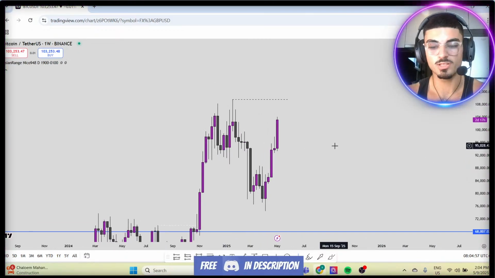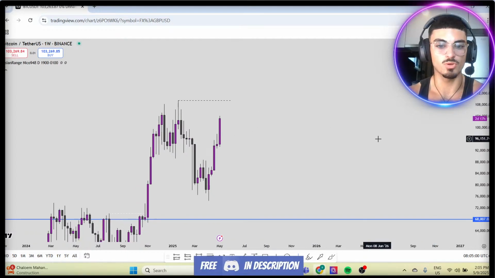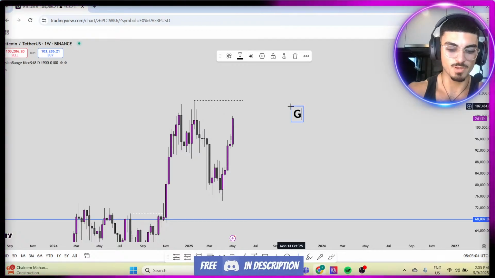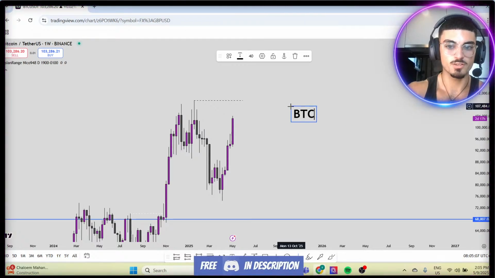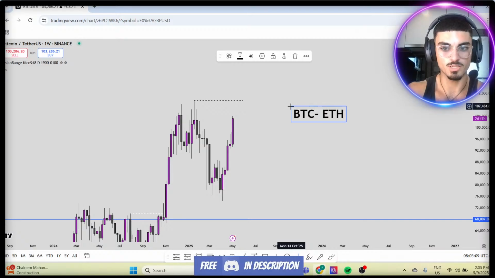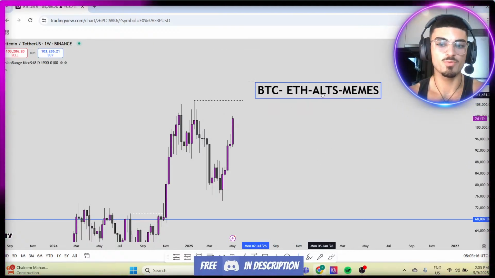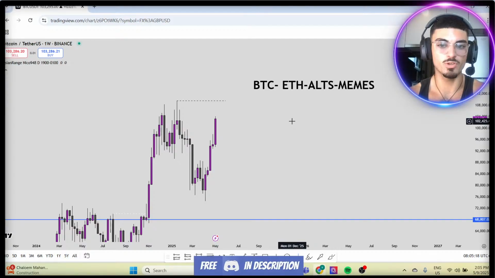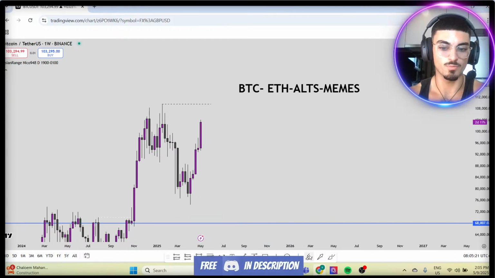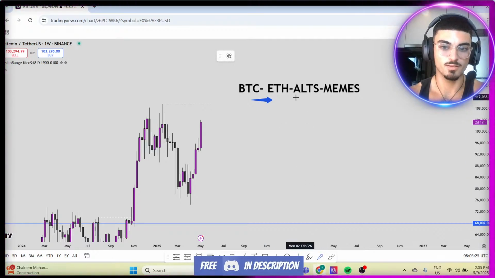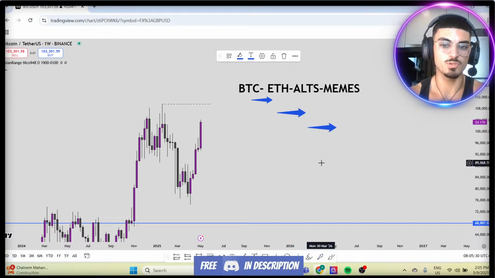So, look, let me give you guys some very common knowledge on how crypto works. Money moves from Bitcoin into ETH. Then after ETH, it will go into alts, then it's gonna go into memes. So if we know this is how crypto moves, and that money will move from Bitcoin into Ethereum, then altcoins, then meme coins, what should you be doing now?